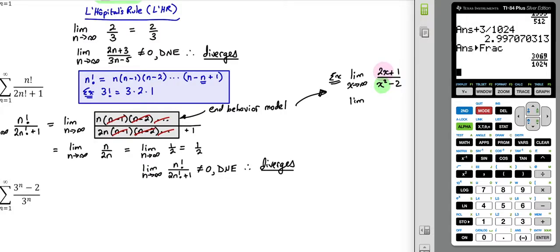That's the end behavior model. Let me just do a better job there with the arrow. So it's 2x over x squared.